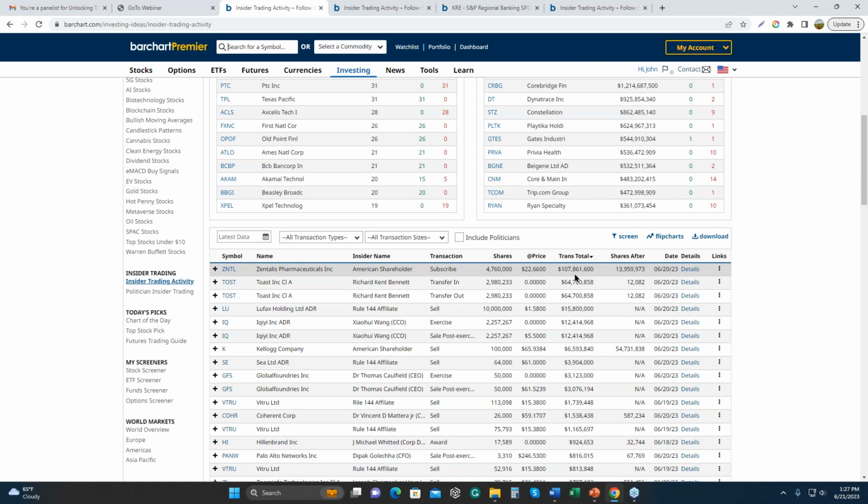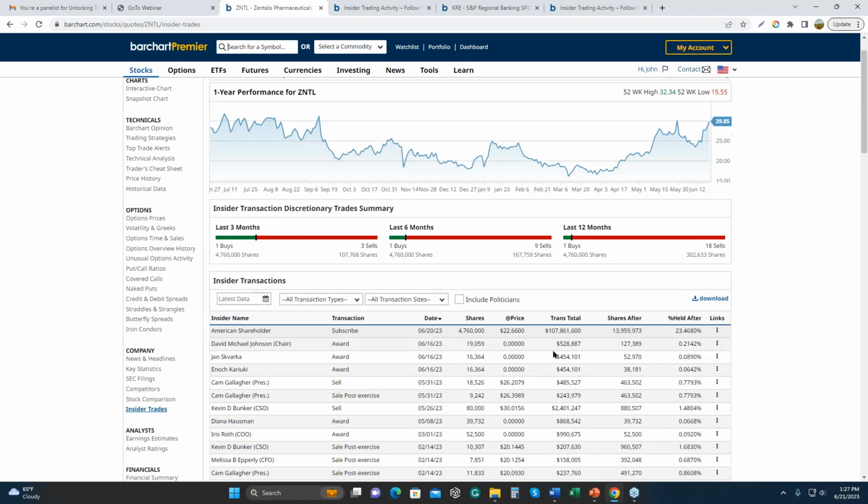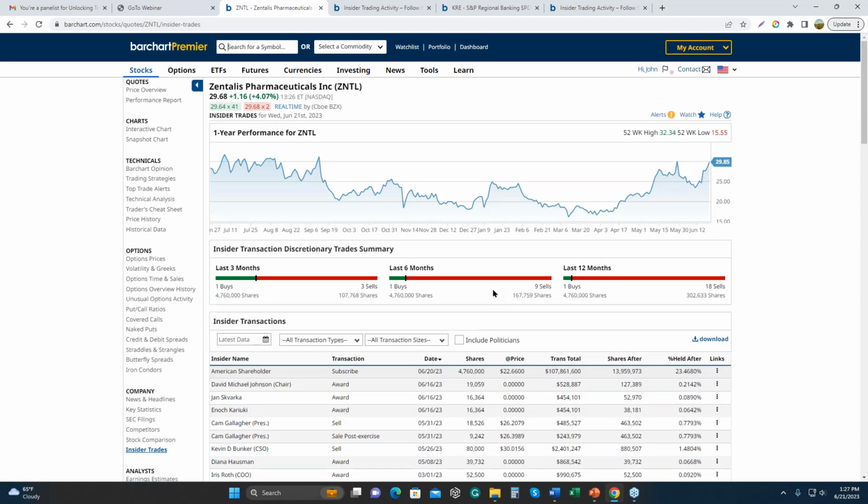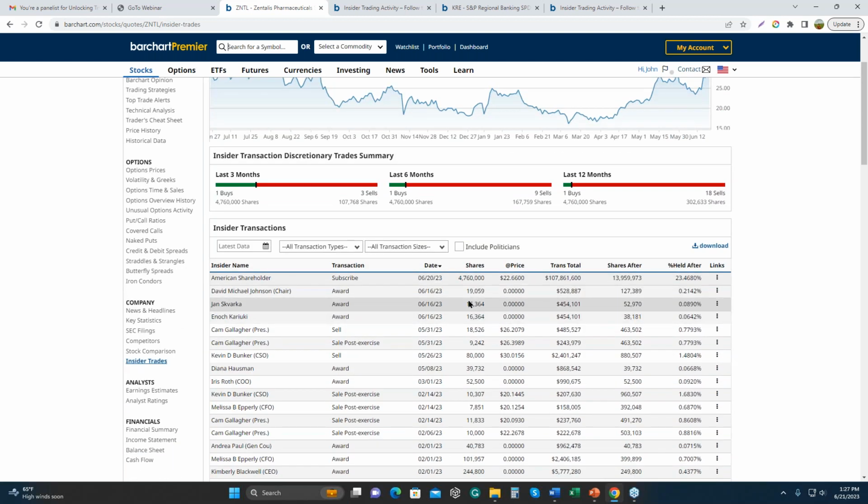So in other words, this is a 50% increase of their holdings. And again, another stock that has been quiet in terms of insider activity for the last 12 months, 6 months, or 3 months, but this shareholder now has increased their shares and now controls close to 25% of this company. This would definitely be a bullish indication.